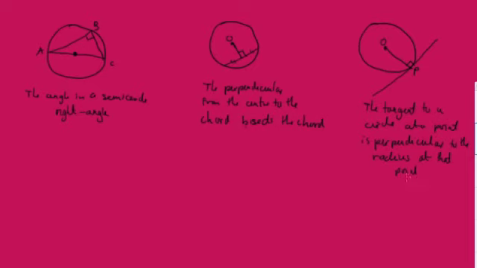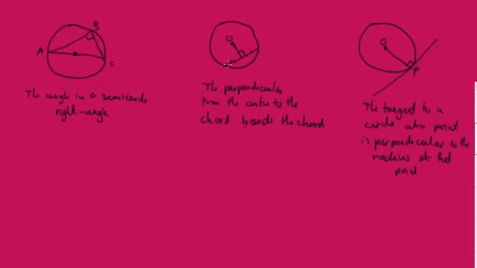From these statements we can deduce that the triangle ABC is right angled at point B, then the points A, B and C all lie on the circumference, and AC is the diameter.